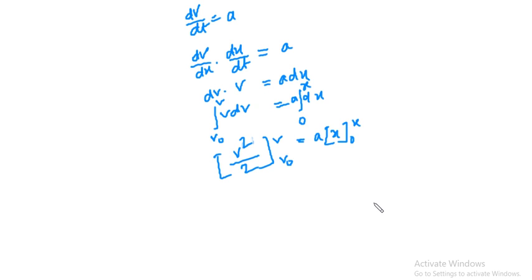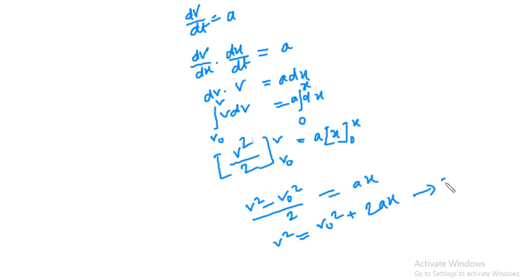So if I put the upper limit here, what I get is v squared minus v0 squared by 2 equal to a x. So I get v squared equal to v0 squared plus 2ax. So I got equation number 3.